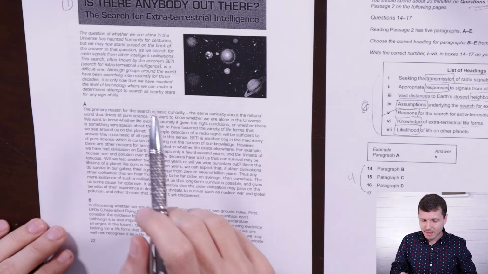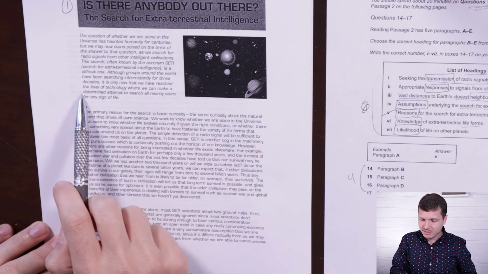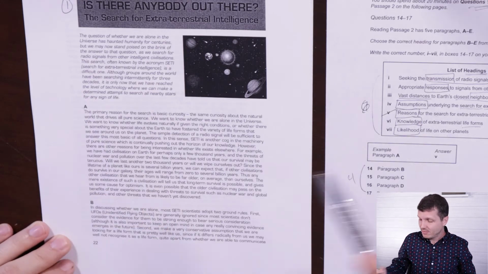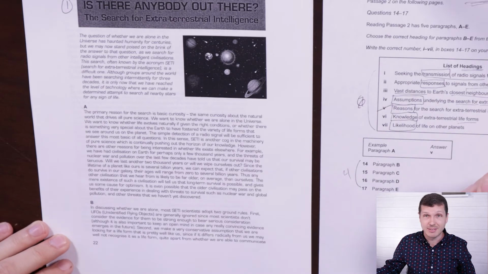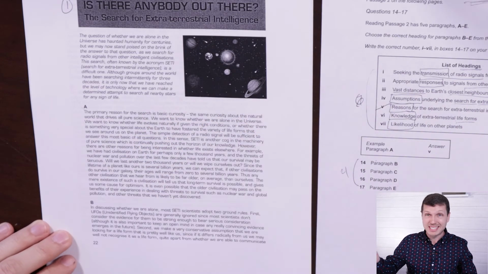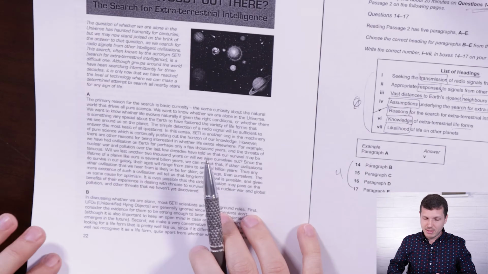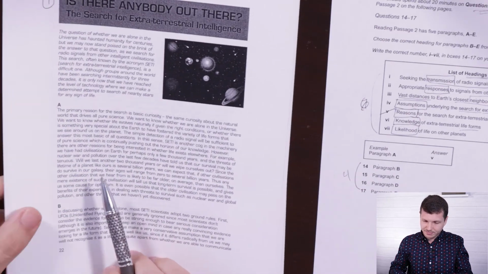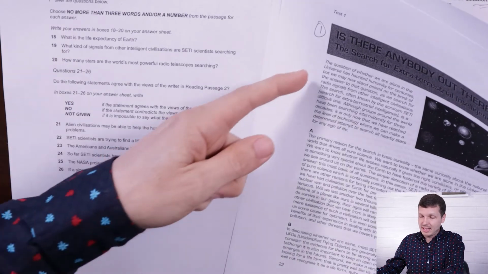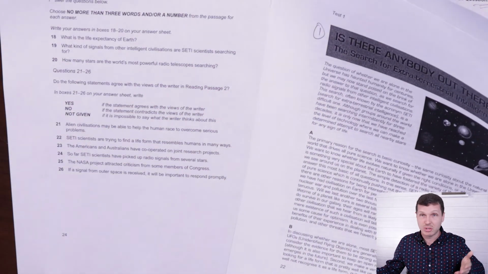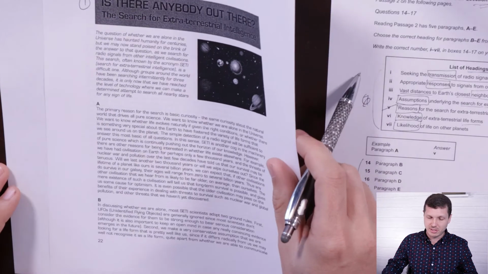Sorry about that. You don't want to miss this. There could be some answers in here, even though there won't be answers for list of headings in there because these are specific to the paragraphs, but maybe our other questions could have some answers in this little introductory paragraph, I guess you could call it.